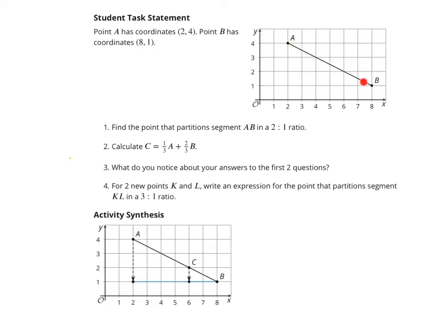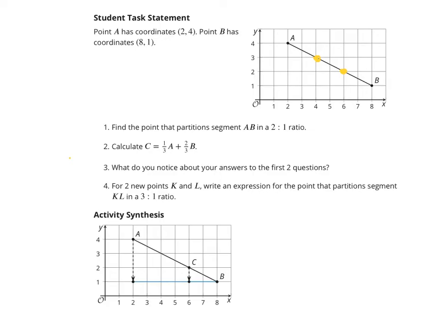If I look at segment AB, I can see that's 1 piece, that's 2 pieces, that's 3 pieces, and they're all equal because of the slope. Let's do it this way: a rise of 1, run of 2, rise of 1, run of 2, rise of 1, run of 2. That splits it into 3 equal pieces.